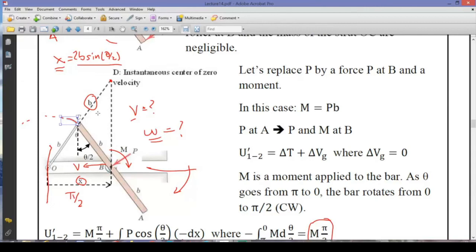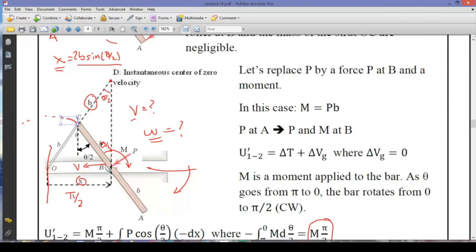This is an arbitrary point, and still we have this instantaneous center of zero velocity to be b away from this point. And you can do this calculation by using trigonometry again, and find out that this angle is theta over 2, and this angle is theta over 2, and we will be able to calculate that this is an isosceles triangle.